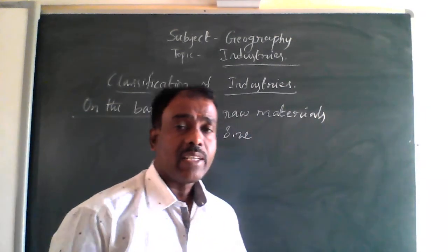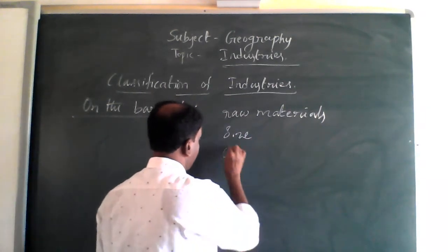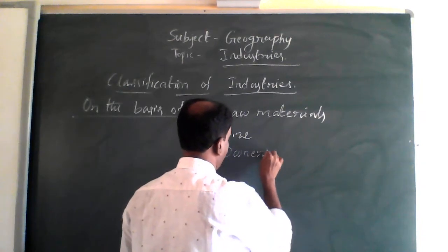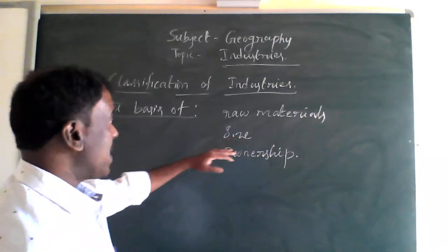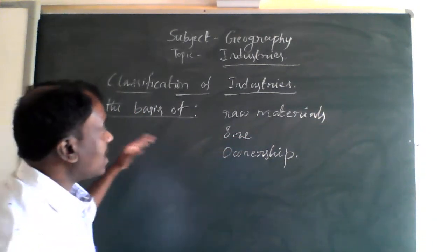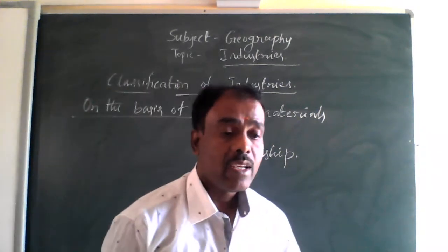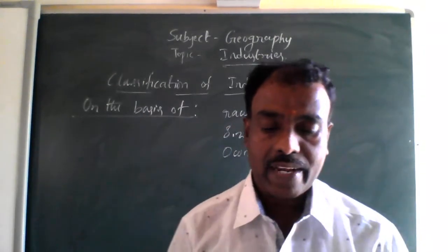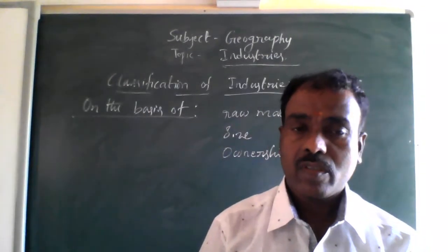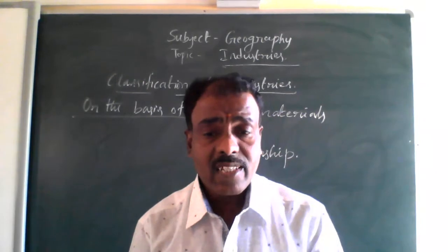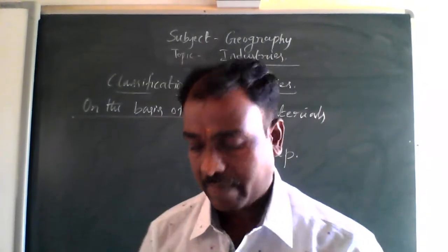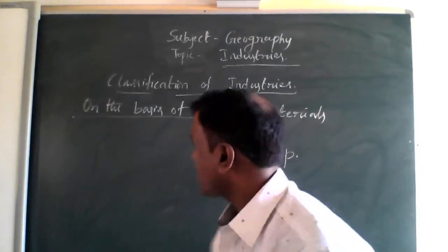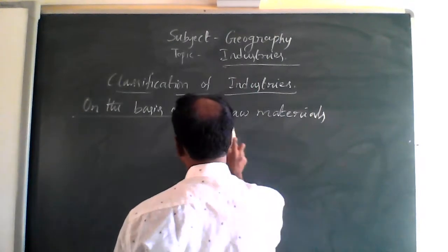Understood? And ownership also. So on the basis of raw materials, on the basis of size, on the basis of ownership, industries can be classified. Understood? Now let us discuss on the basis of raw materials.